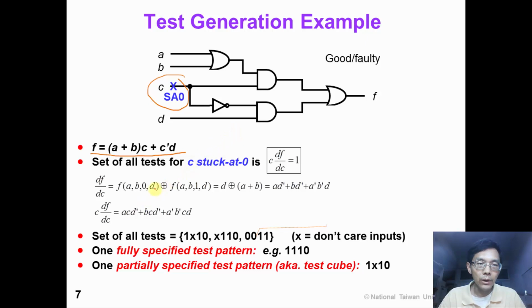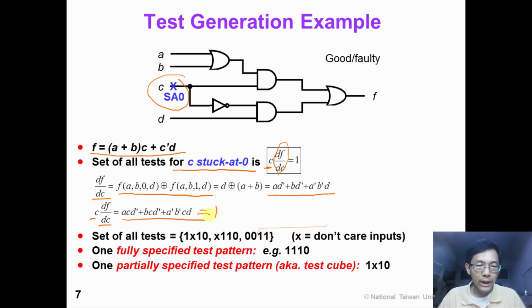The set of all tests for c stuck at 0 is c times df/dc equal to 1, where df/dc can be found by this formula. So c times df/dc is equal to acd prime plus bcd prime plus a prime b prime cd. This term must be 1.